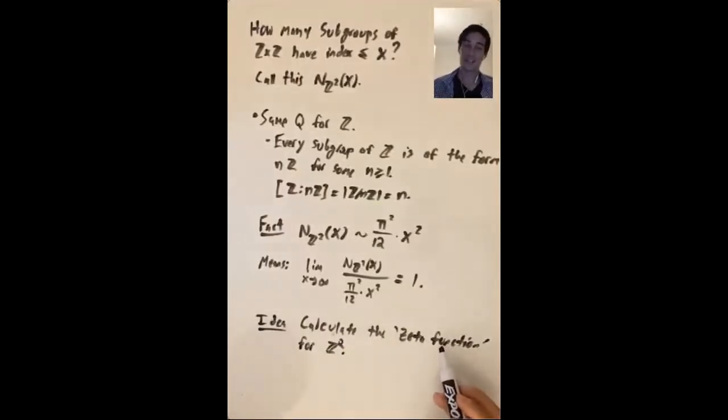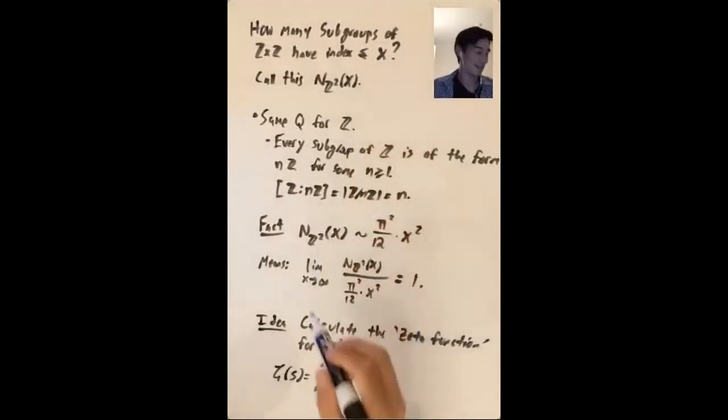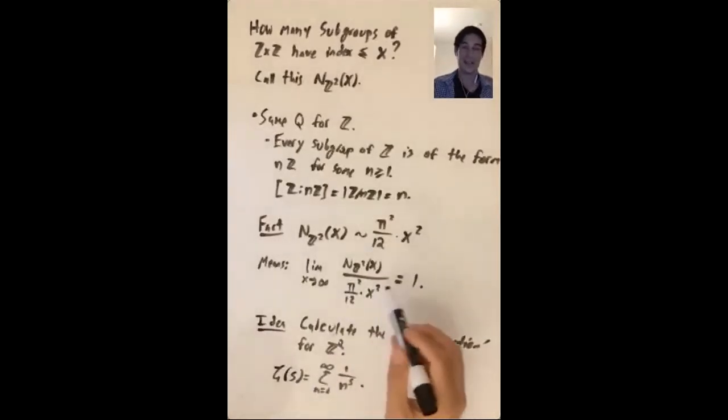If you've thought about zeta functions before, it's probably because you've heard of the Riemann zeta function, which is zeta of s equals the sum from n equals 1 to infinity of 1 over n to the s. And the Riemann zeta function is exactly what you get when you calculate the zeta function for the group Z. What you get for Z^2 is a product of two slightly shifted copies of the Riemann zeta function. And then there are some cool analytic properties of this function of a complex variable that give you this group theory fact as a consequence.